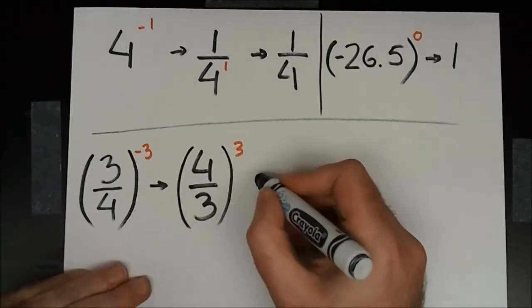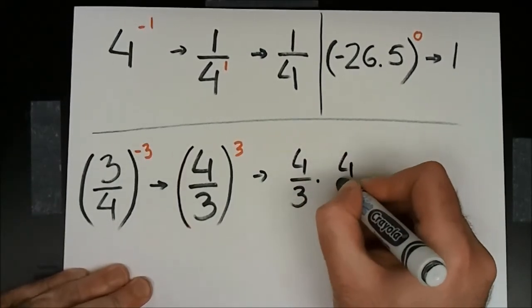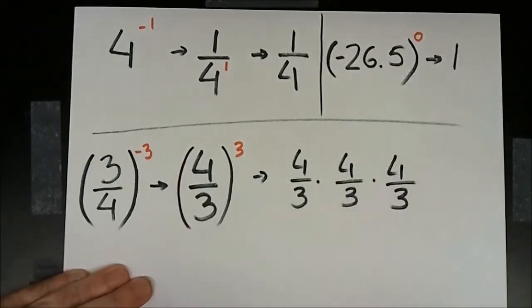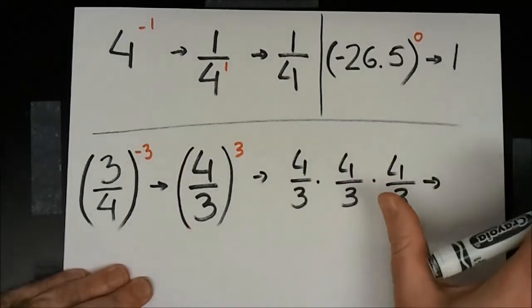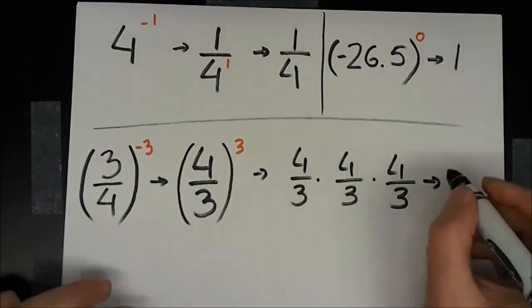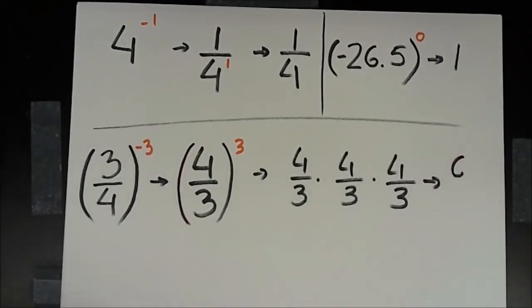And then of course I can break this up and write this as 4 over 3 times 4 over 3 times 4 over 3, which you can figure out and write down what that is. Can someone tell me what is that particular fraction equal to? If you said 64/27, you'll be correct.